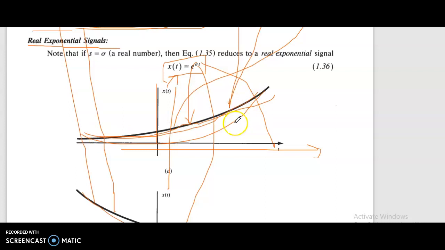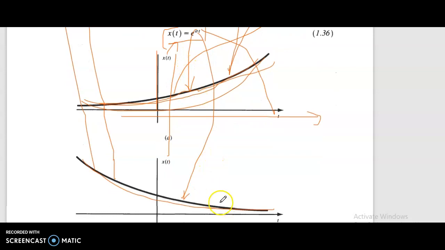If sigma is less than 0, it decreases exponentially. These are real exponential signals.